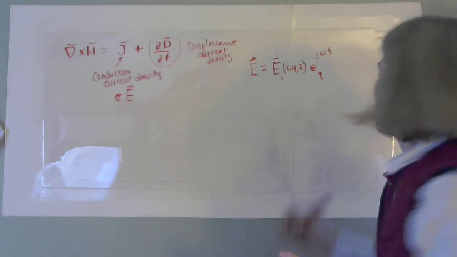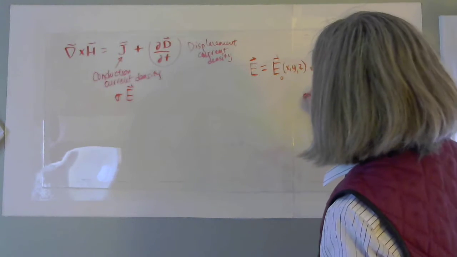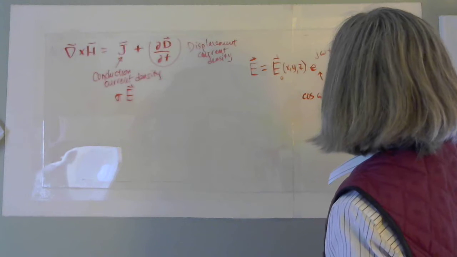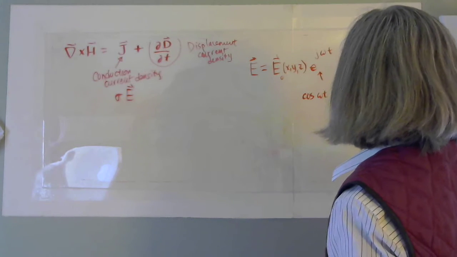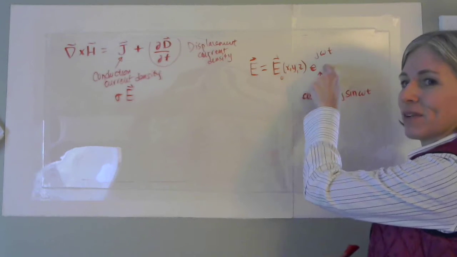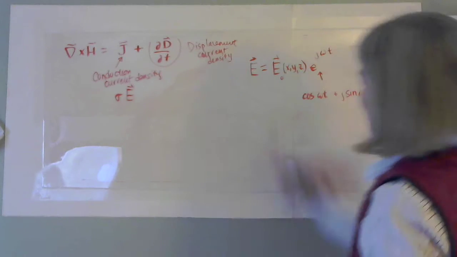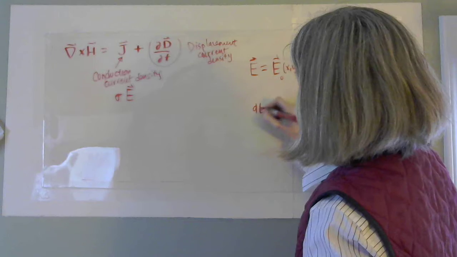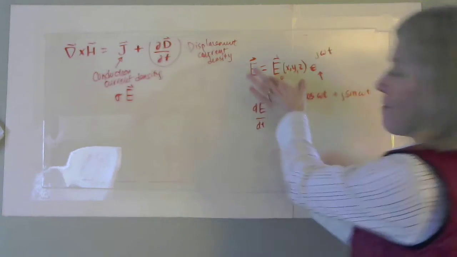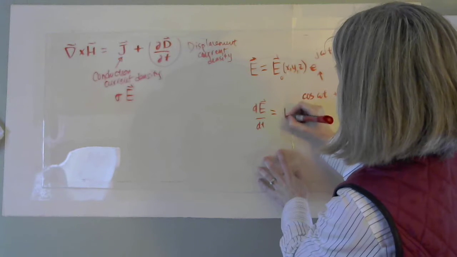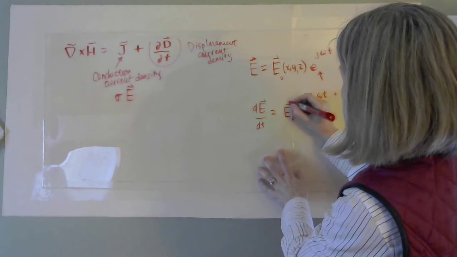That's one thing that bugs people about it. Cosine omega t plus j sine omega t. We love sticking with this and then leaving this for the last part when we're taking time derivatives, dE dt. They don't affect this part. E naught, just a function of x, y, and z.